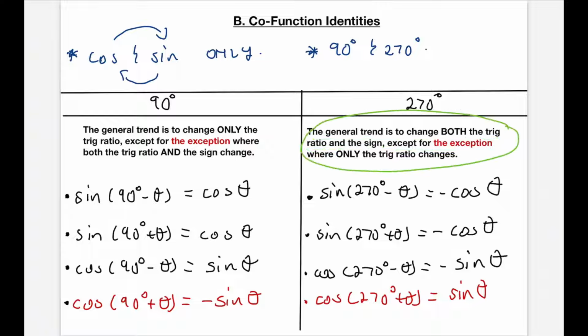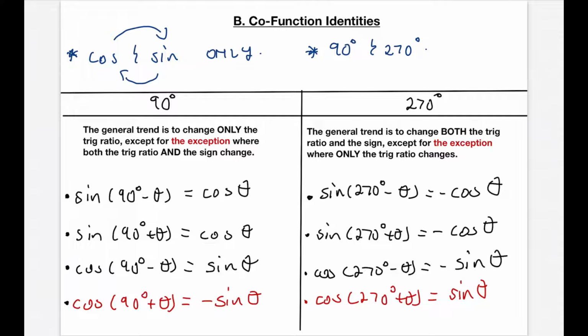So I want you to commit these two rules to memory, that when I see a 90 degree, a sine becomes a cos becomes a sine, except for cos of 90 plus theta. That becomes negative sine. When I see a 270, a sine becomes negative cos, a cos becomes negative sine, except particularly the cos of 270 plus, which becomes just a sine.